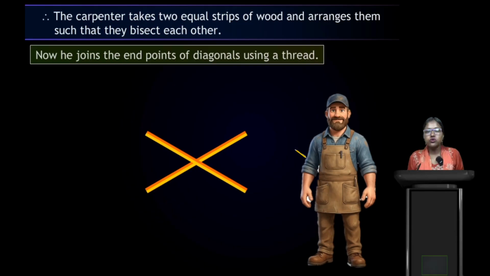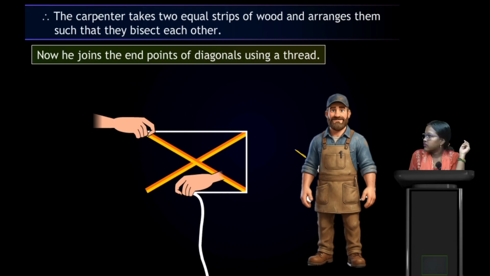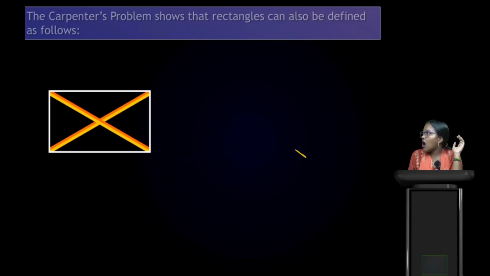But this time, as we saw, a rectangle's diagonals intersect each other at the midpoint. So the carpenter took the midpoints of the strips, intersected both at the midpoints, and again joined them with a thread. Okay. So after joining, now he got the rectangle. You see, this is the shape of the rectangle.